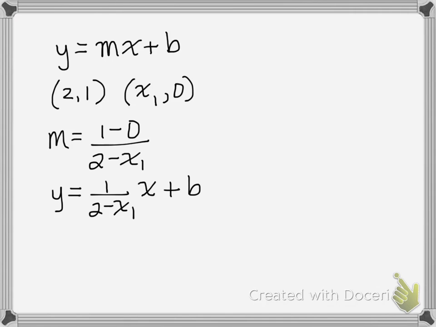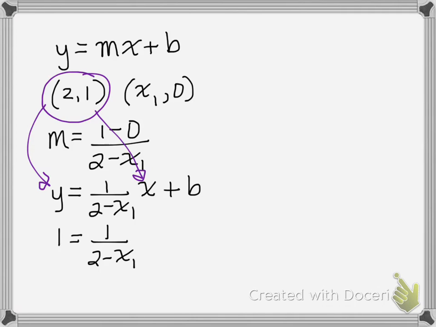All right, what do I do when I want to find b? We've done this before since algebra. How have we found b? We've taken the known point and plugged that in for the general x and y. So let's do that. What happens then is I get 1 is equal to 1 over 2 minus x1 times the x, which is 2, plus b.